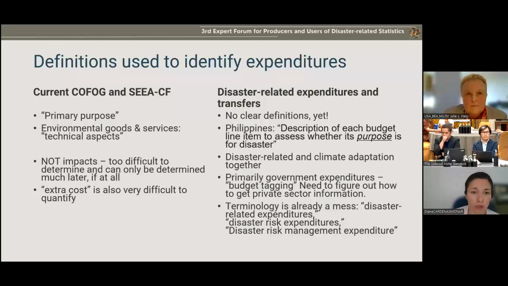They're building on the real markers, normally on the CPIR, the climate public expenditure and institutional reviews methodology of the UNDP. So it is quite a challenge indeed to get to this.